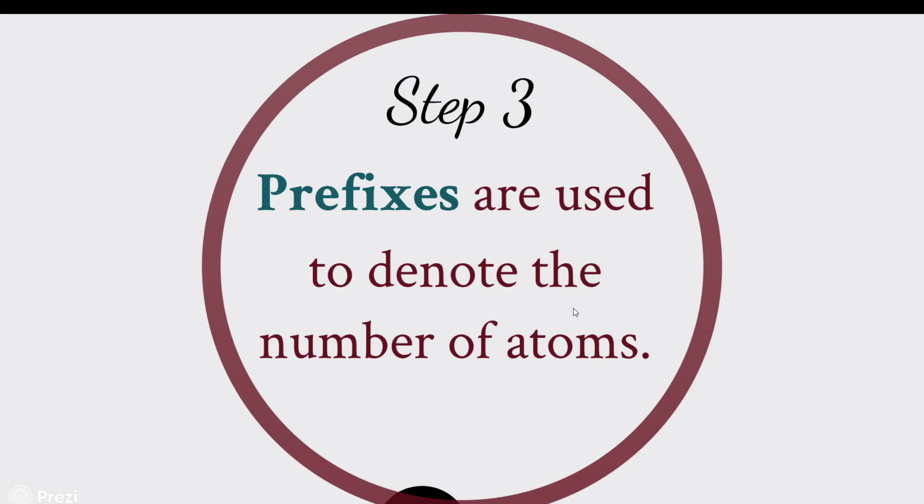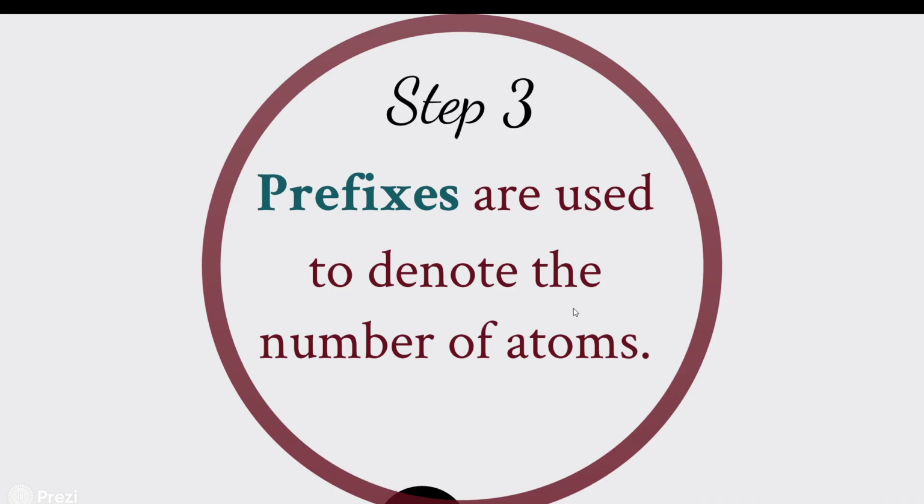And that's because of the covalent bonding that goes on. They're not going to come in direct ratios, but they can come in multiple types of ratios. So if you've heard carbon monoxide, that's one carbon and one oxygen coming together. Whereas carbon dioxide is going to be carbon and two oxygens coming together.